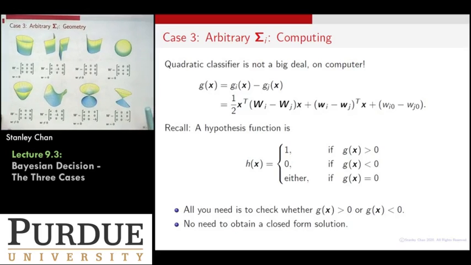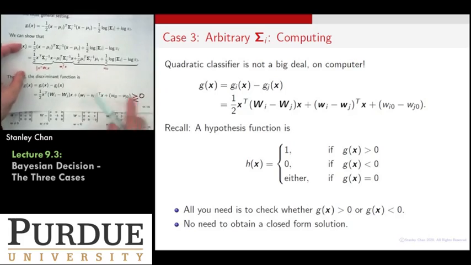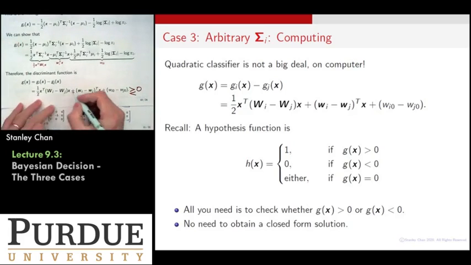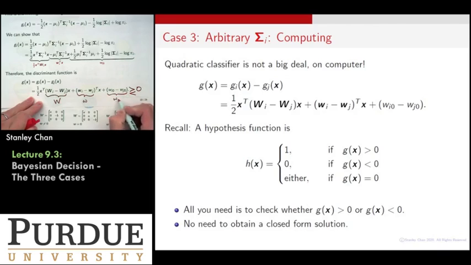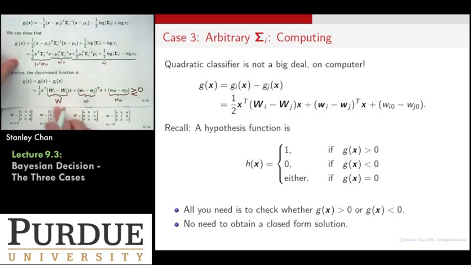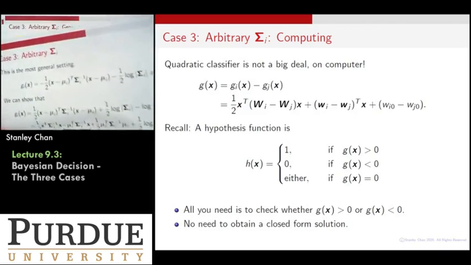Okay, so the question is the meaning of these small w's. The w's refers to here. There's a linear term. I call this my w. This is my small w, and then this will be a w0. So you have 3 terms. Now the geometry, of course, depends on all the 3 terms.